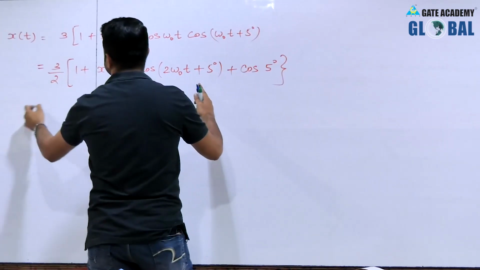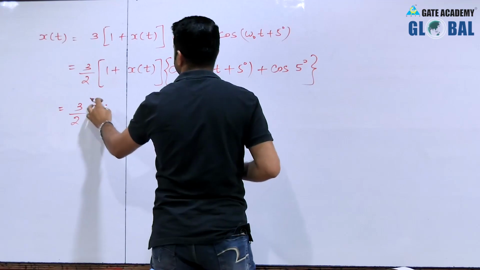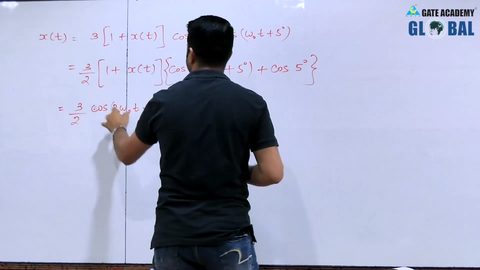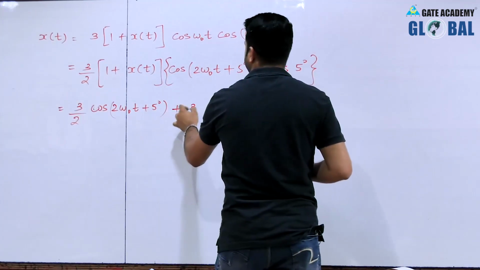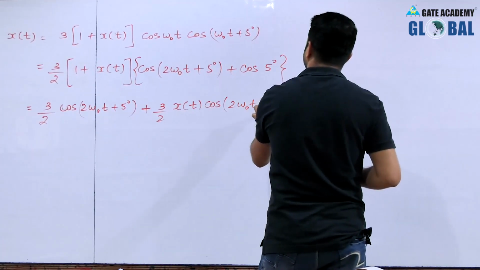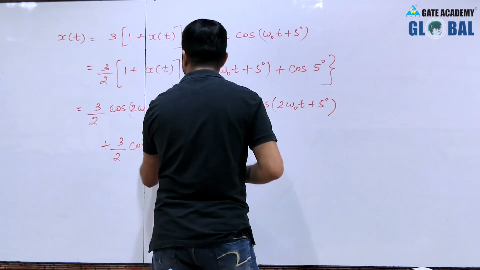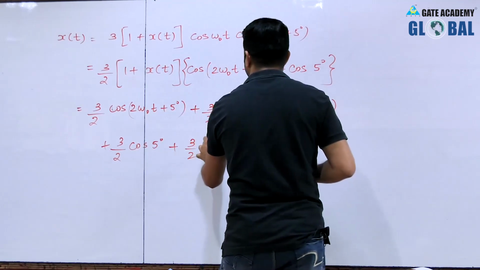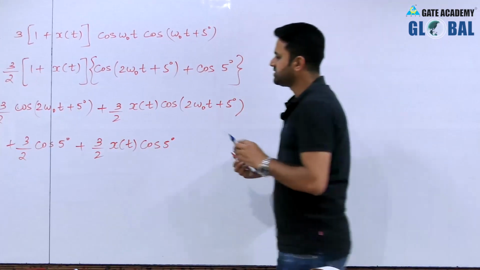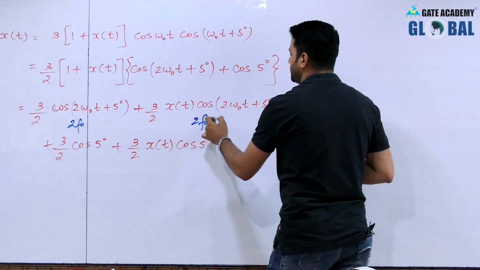When we multiply this term with these two, we get 3 by 2 cos of 2 omega naught t plus 5, and 3 by 2 x of t cos of 2 omega naught t plus 5, and 3 by 2 cos 5 degrees, and 3 by 2 x of t cos 5 degrees. The first two are high frequency terms, centered at 2f0 plus or minus fm.